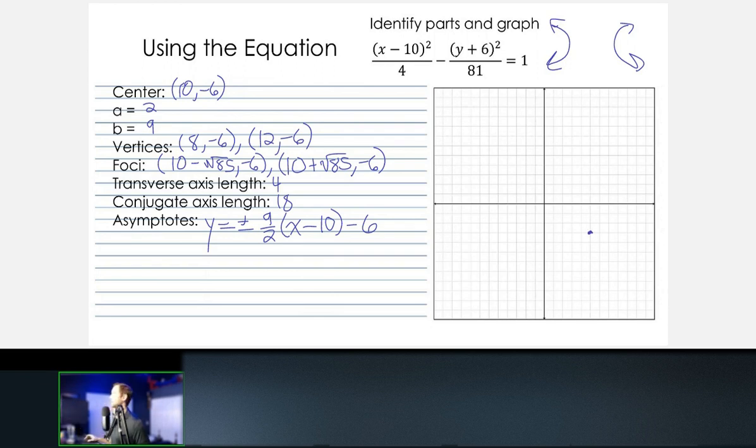My A value is 2, so left 2, right 2. My B value is 9, so up and down 9: 2, 4, 6, 8, 9.